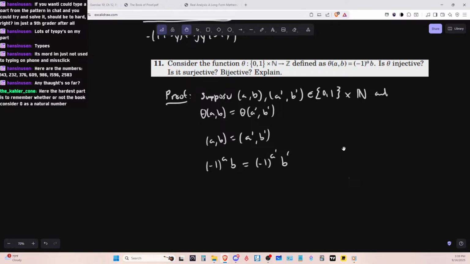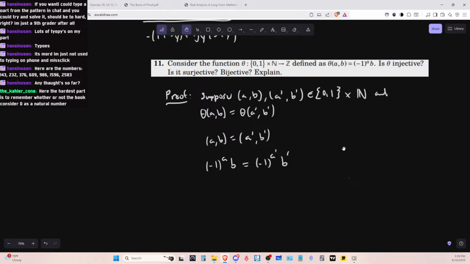But then you'll be getting two different answers, because it's the negative of the number you got. So if B was 2 and A switches from 0 to 1, if it's 0 then it's positive 2, and if it's 1 then it's -2. So I get a feeling that it is injective, based on the way I'm thinking about it logically.